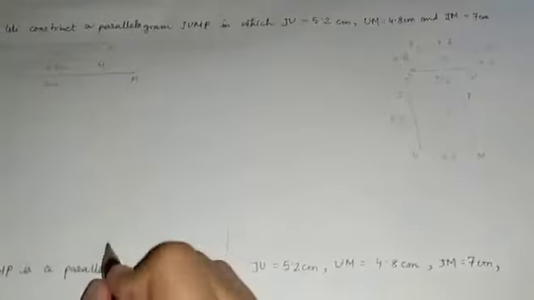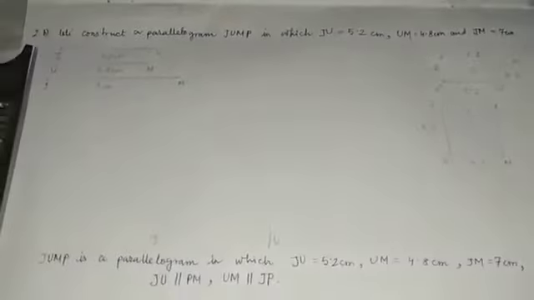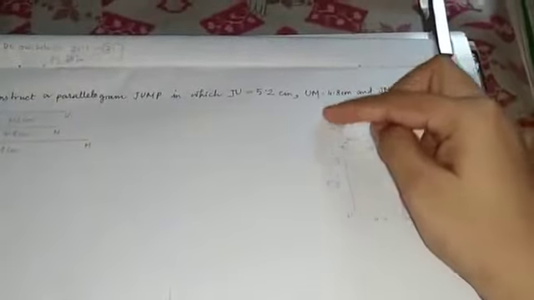Now, as I have drawn this, I have to write J here and U here. Now to get point P, you have to take the length 4.8 centimeter.